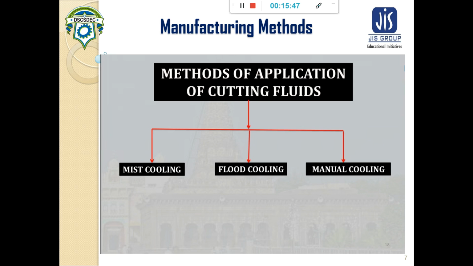Whenever we sprinkle the coolant, or cutting fluid, at the workpiece chip-tool interface, a mist is generated, small particles of the cutting fluid in the environment, which improves the cutting condition.